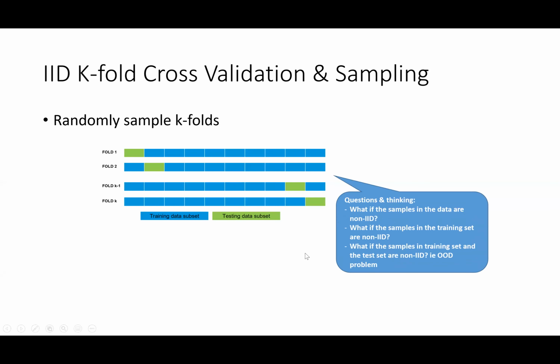But if the samples in the data are non-IID, you cannot really have a fair way to do IID sampling. That's basically what I want to say. And then K-fold cross-validation would not work, right? A typical example is what nowadays people call out-of-distribution detection.